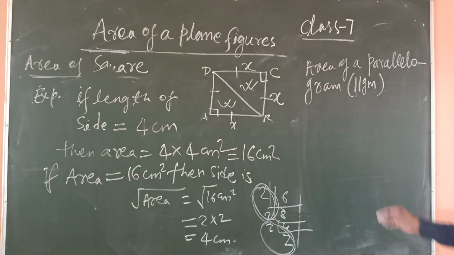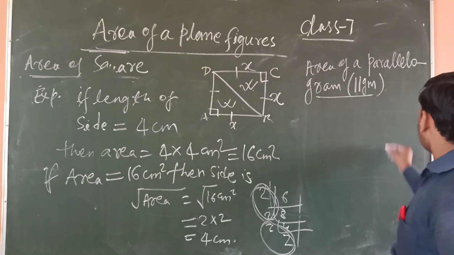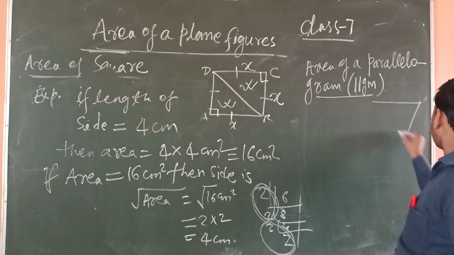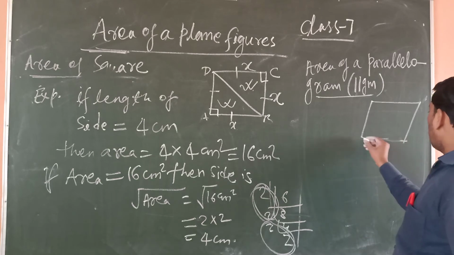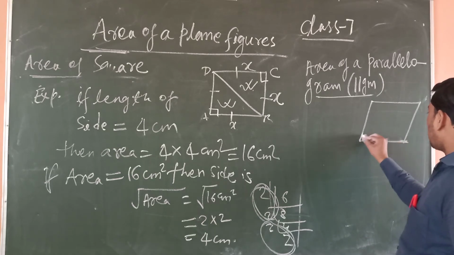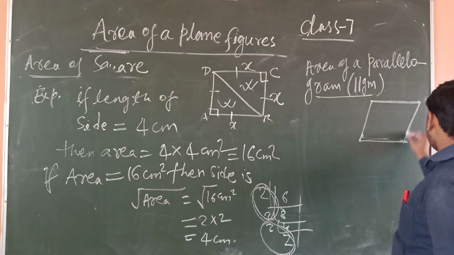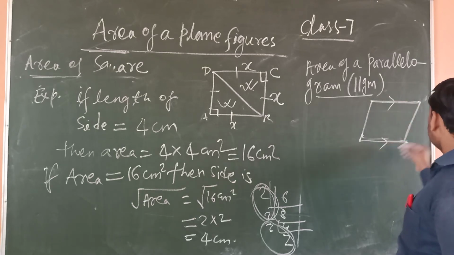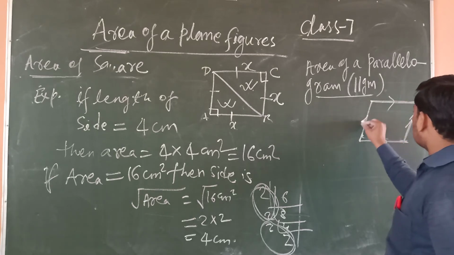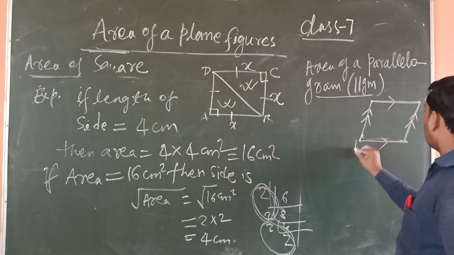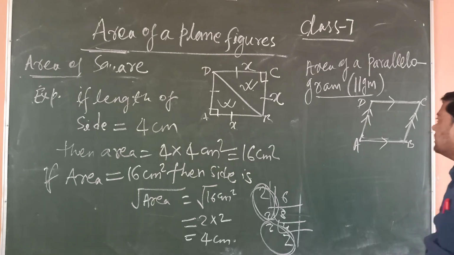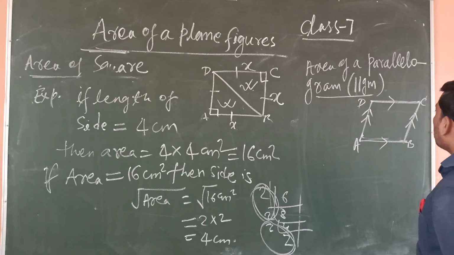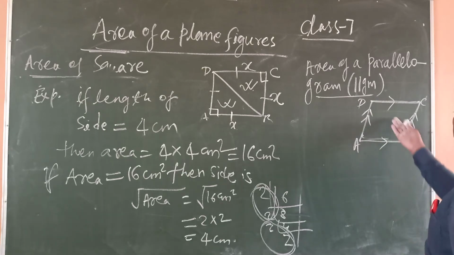In a parallelogram, both pairs of opposite sides are equal and parallel. This is parallel to this and this is parallel to this. ABCD is a parallelogram. We have to find the area of the parallelogram.